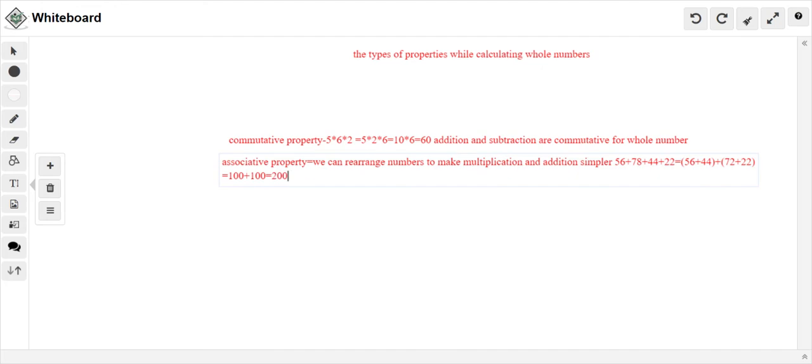So this is associativity of whole numbers.